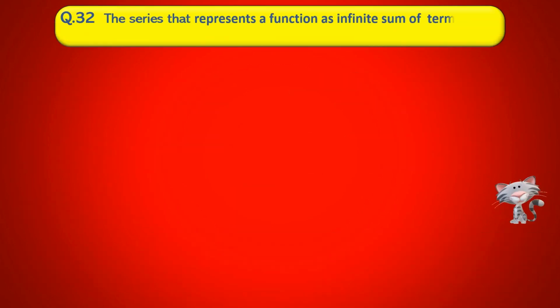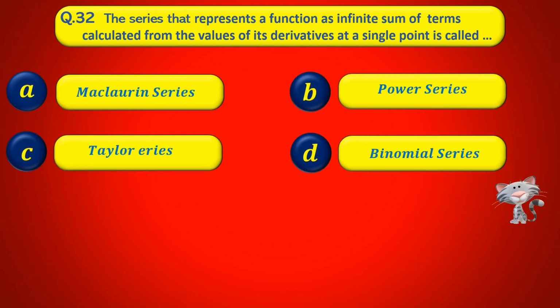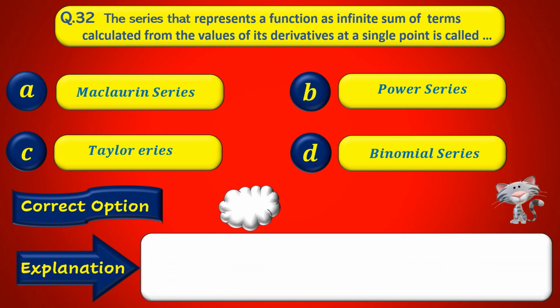The series that represents a function as infinite sum of terms calculated from the values of its derivatives at a single point is called, and the options are, let's check out which one is the correct option. The correct option is Taylor series, as it is the definition of Taylor series. So the correct option is option C.